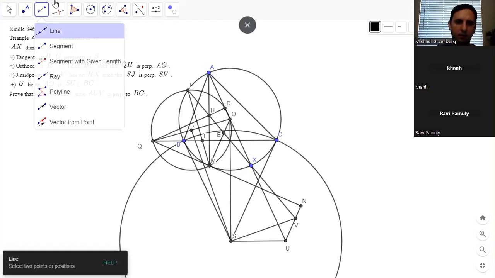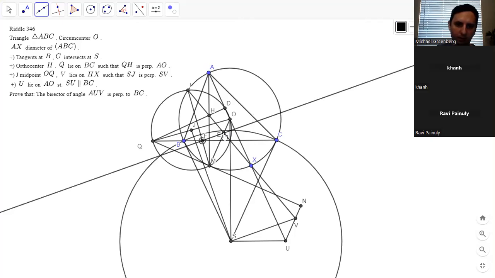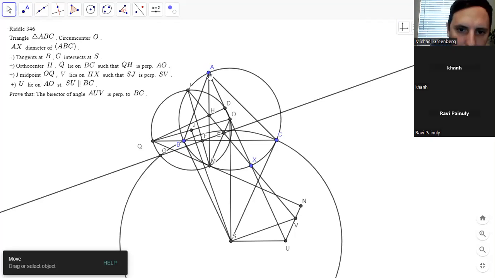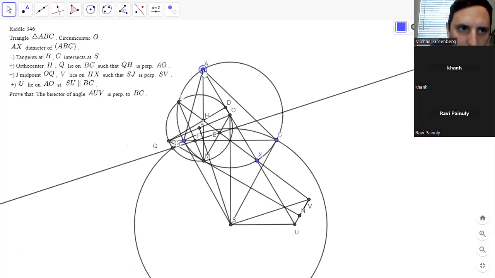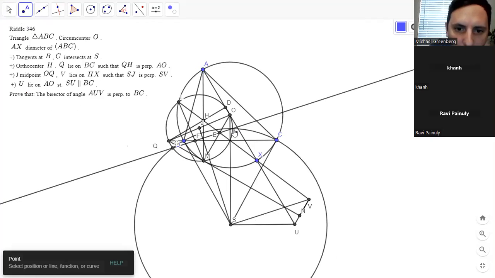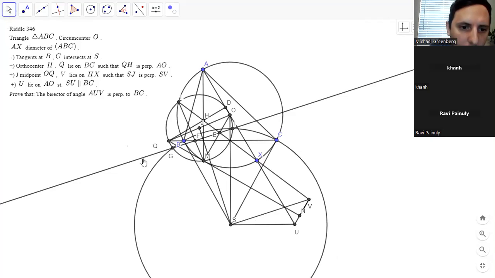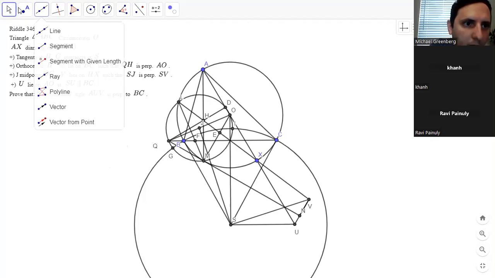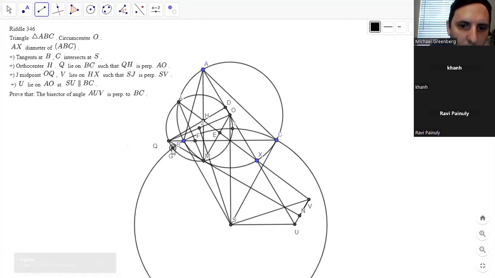Can you connect EF? So those are the radical axes. Let me draw the other intersection point. I think you shouldn't draw that because it will be very complicated, but it's okay, as long as we can still look at the points.